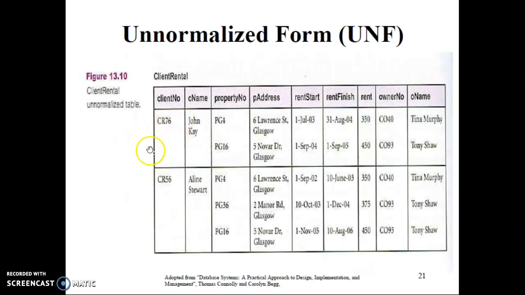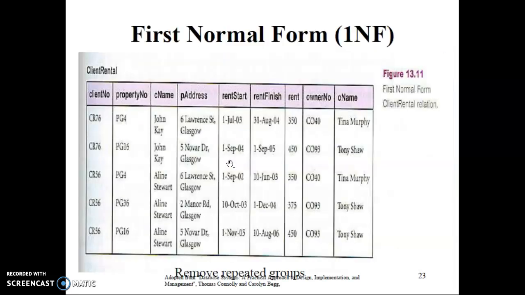Here for CR76 client number we have two property numbers, PG4 and PG16. We have written CR76 PG4 as one row, and again CR76 PG16 as another row.